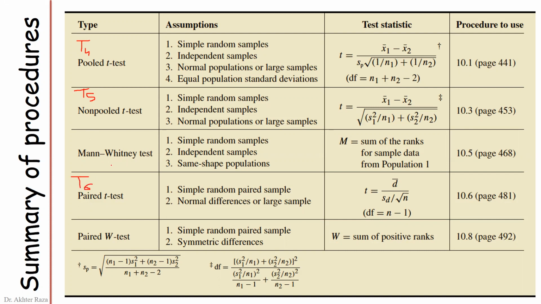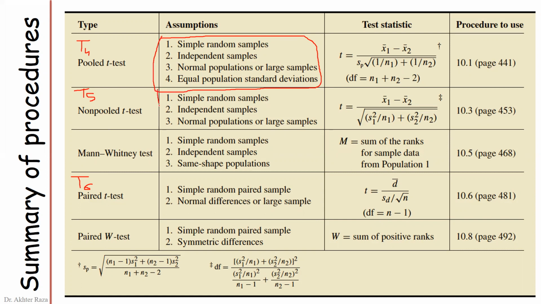These two are the non-parametric Mann-Whitney test and the paired Wilcoxon test. These two tests are not covered in this chapter by me. T4, T5, T6 are covered. You can see all the assumptions here. This is a very important slide, because it is a summary of all procedures we have recorded in this chapter.